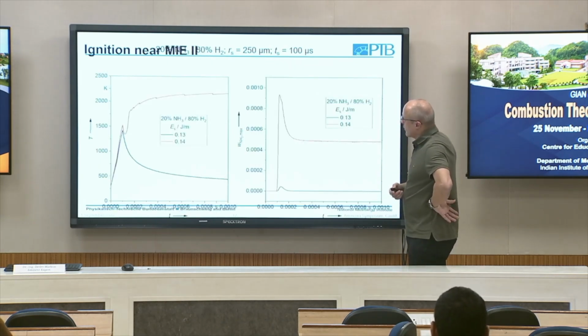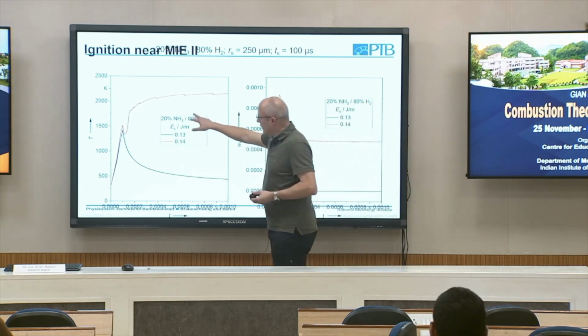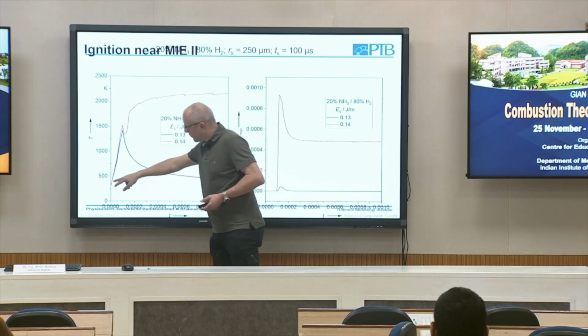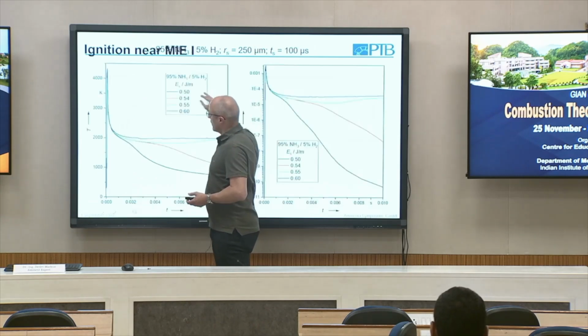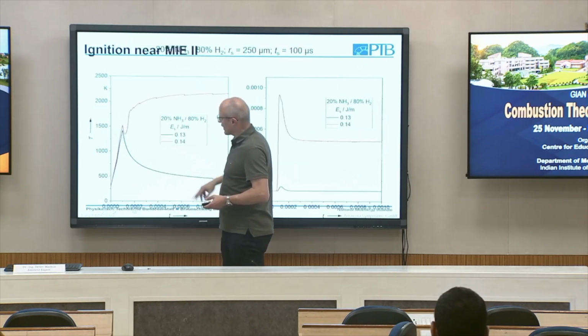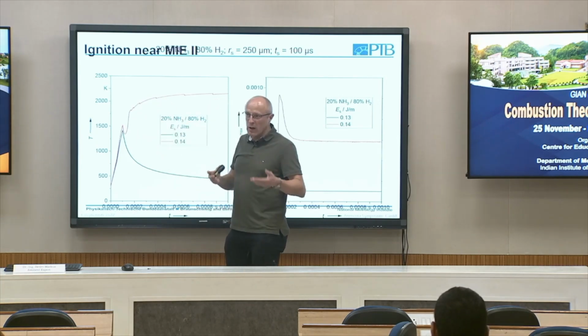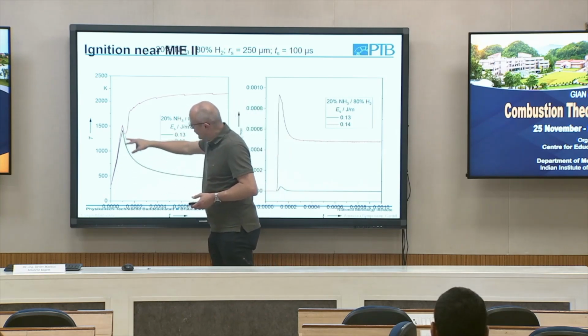Here, this is a classical hydrogen example. Here we have 80% hydrogen, 20% ammonia, energy deposition, end of energy deposition, and then the final ignition takes place. This is a classical, typical spark experiment. If the energy is not sufficient, it just cools down.